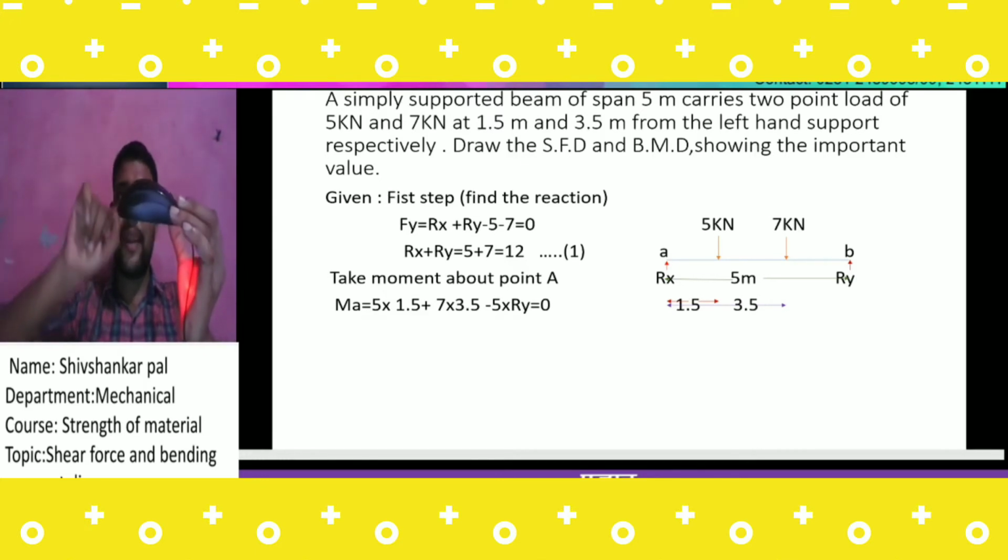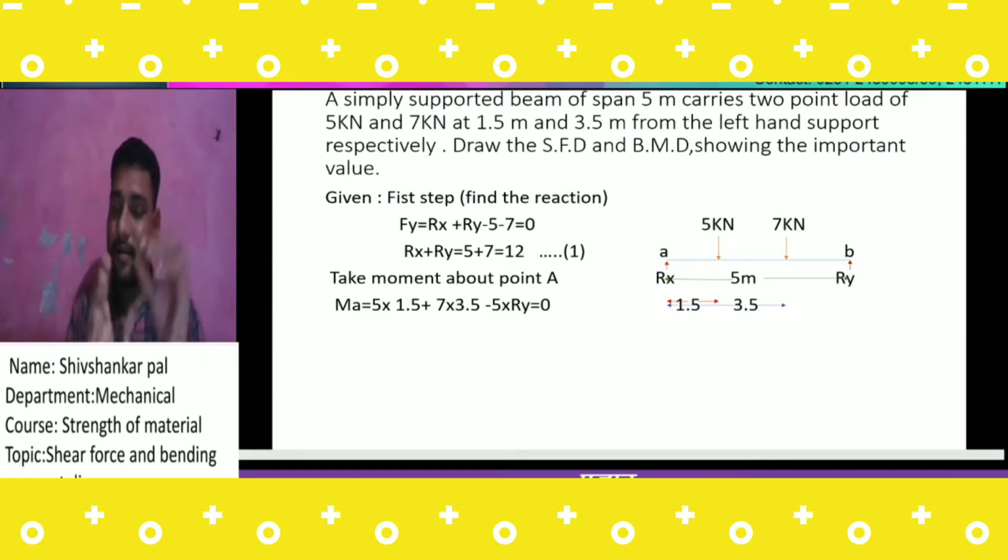It will try to move, so the rotation due to 7 kN is clockwise, so take a positive sign.